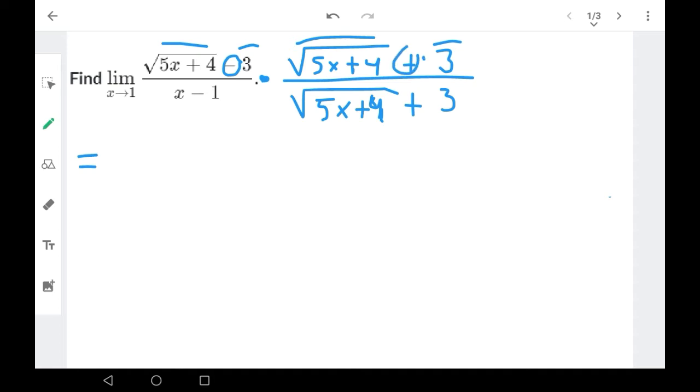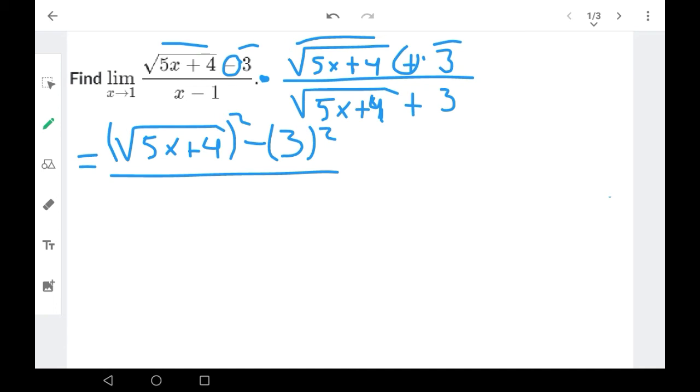So that means that I can use difference of squares. That means that I can copy this expression as the square root of 5x plus 4 to the power of 2. Since it's difference of squares, I will copy a minus or a negative sign here, minus the other term, also squared, right?